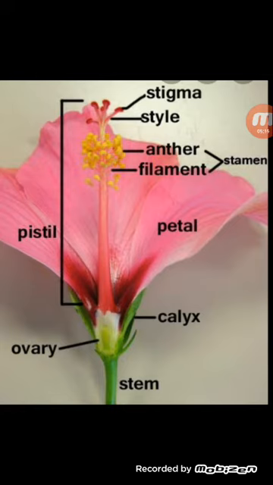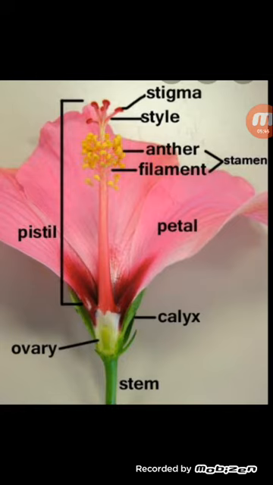I repeat, male is called androecium or stamen. Female is called gynoecium, pistil or carpel. The female reproductive part of the flower is called gynoecium.